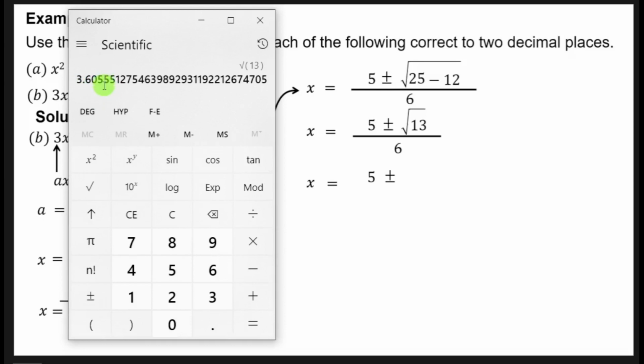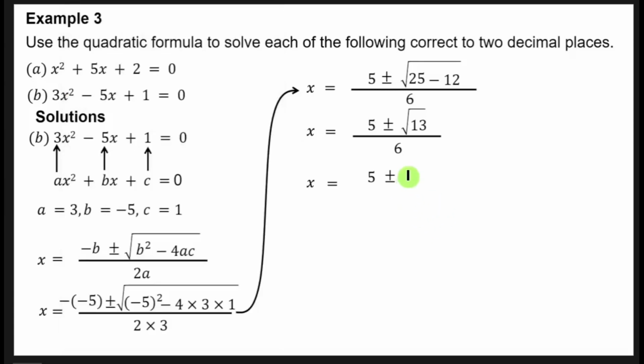So I'm going to end here. Since the next number after where I'm ending is 5, I will get a 1 and add it to this one, so that I get 3.606. So that's what I'm going to have here.